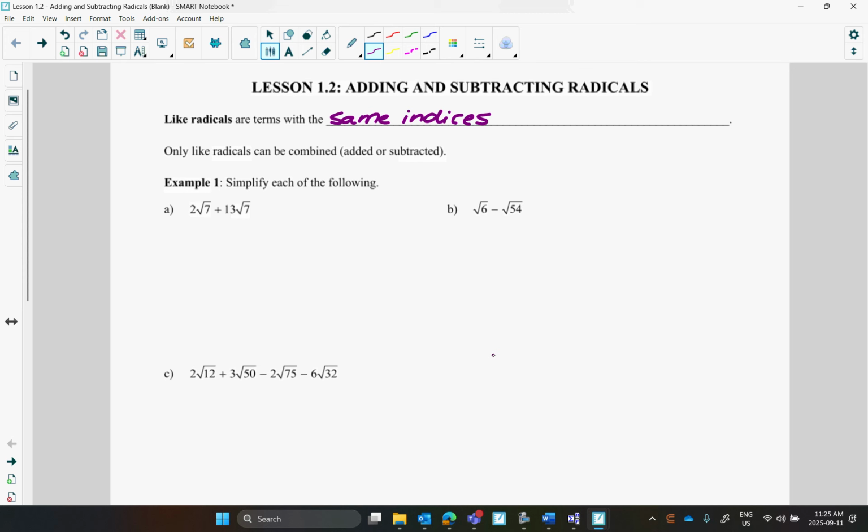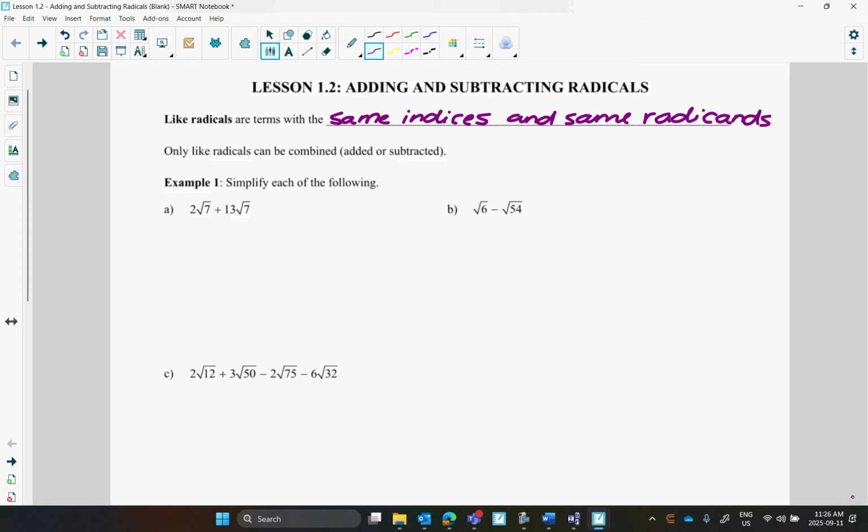And the same radicands, the same expressions or numbers underneath. So if they're both square roots but they're different numbers, we can't combine them. If they have the same numbers underneath or the same variables underneath, that we'll see in one example.